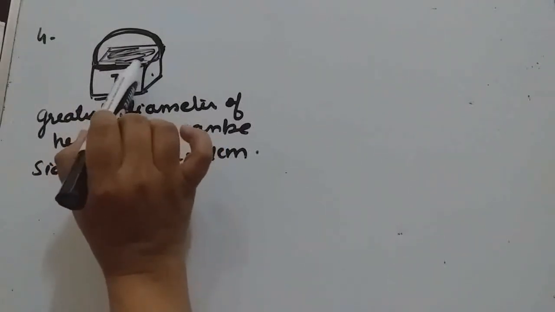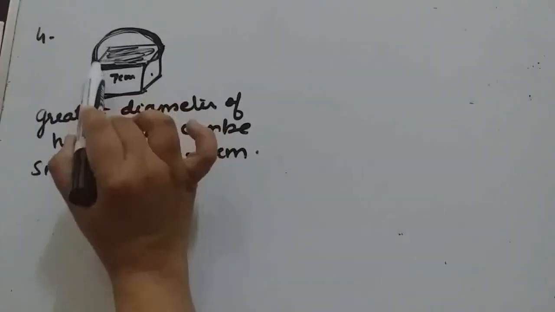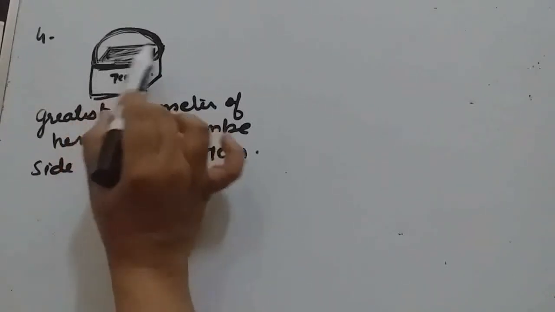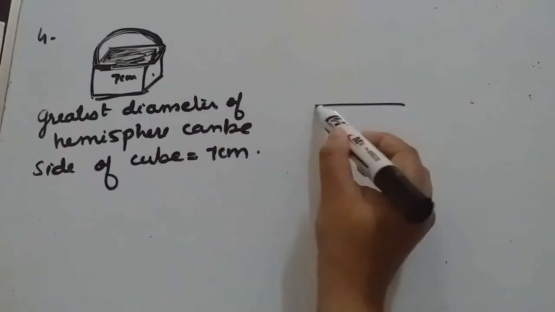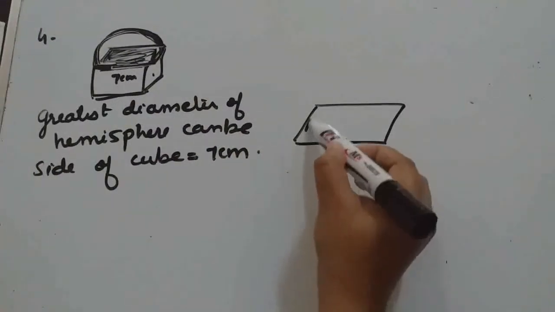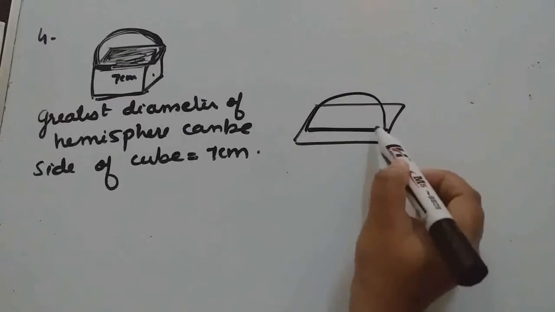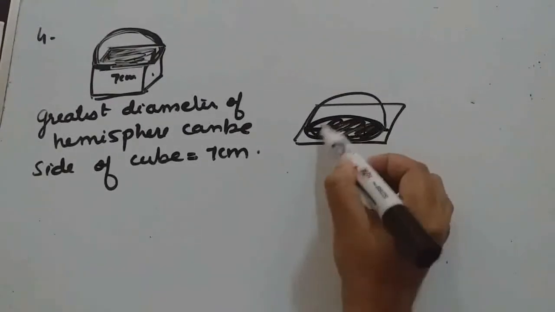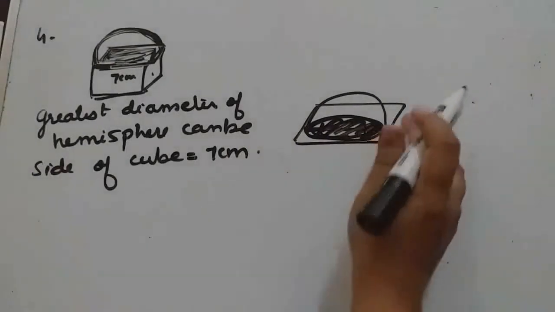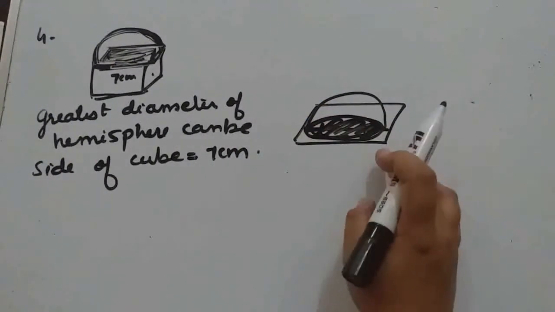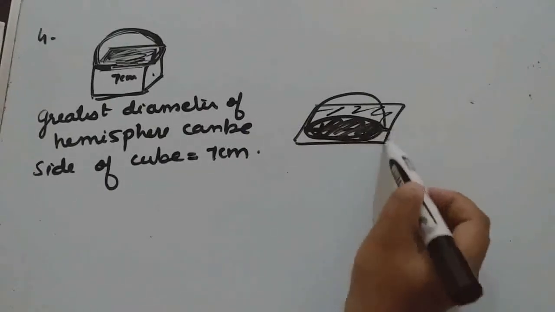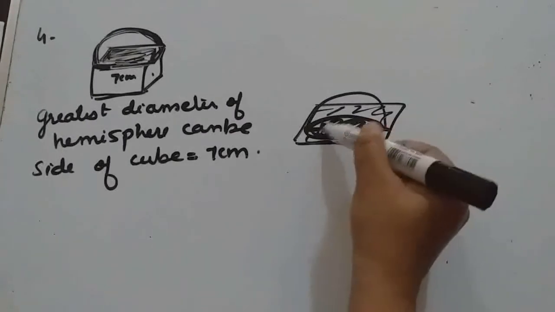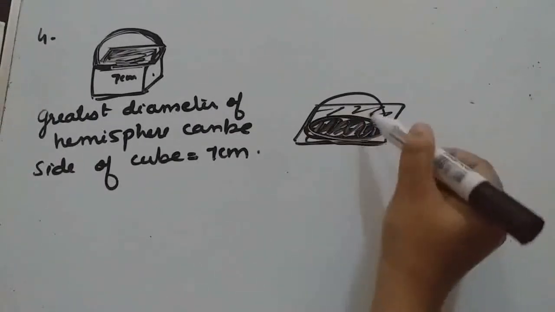This face is hidden by the hemisphere, so we should not count it. So we will subtract this area which is surmounted by the hemisphere, this circular face. We count the total surface area of the cube, in which we are counting this complete surface also. But in the hemisphere, this face is hidden, so we should remove it.